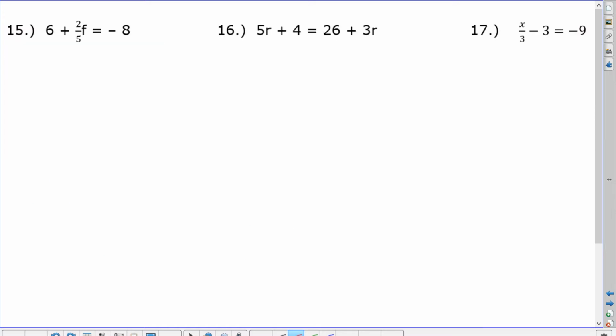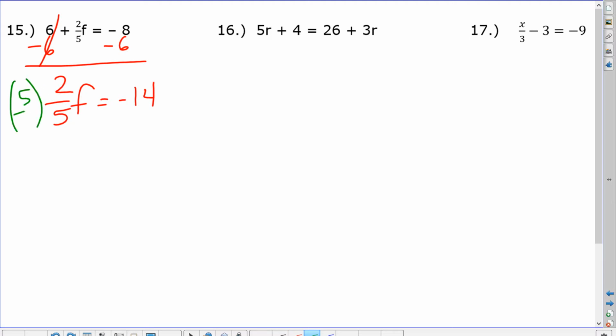Okay, last 3. Clear the constant. Rewrite. When you need to divide by a fraction, multiply by the reciprocal. Inverses cancel out, and negative 35.